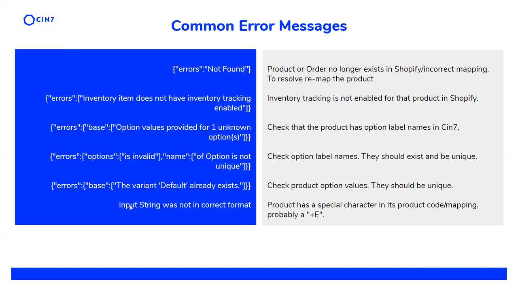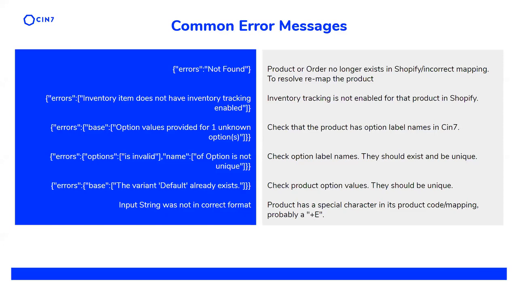And then lastly, input string was not in correct format. So this is usually something to do with spreadsheets, especially Excel, where if you have, say, a long string of numbers, usually because of a barcode, it can try to shorten or concatenate the data in that cell, and it can come up with a plus E and maybe followed by a number of how many values it's cutting off.